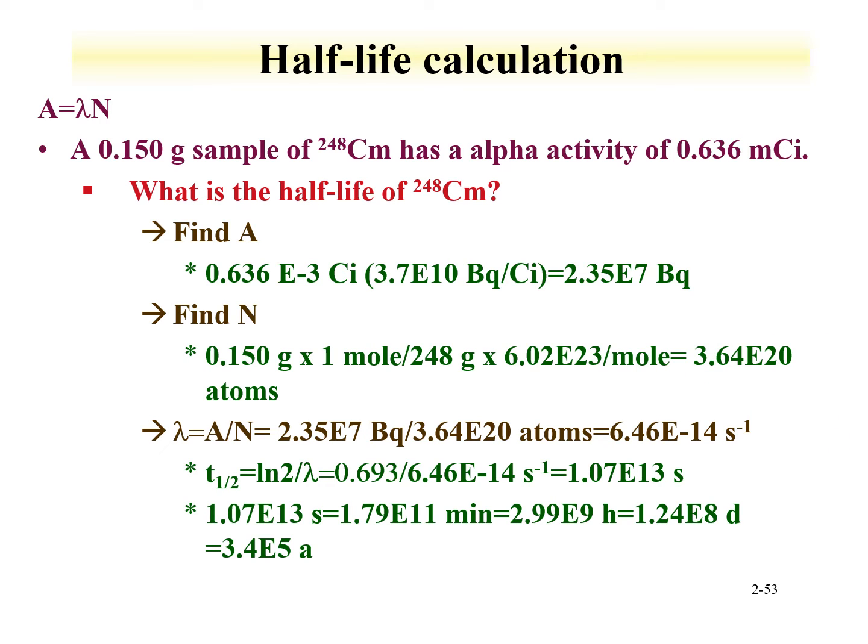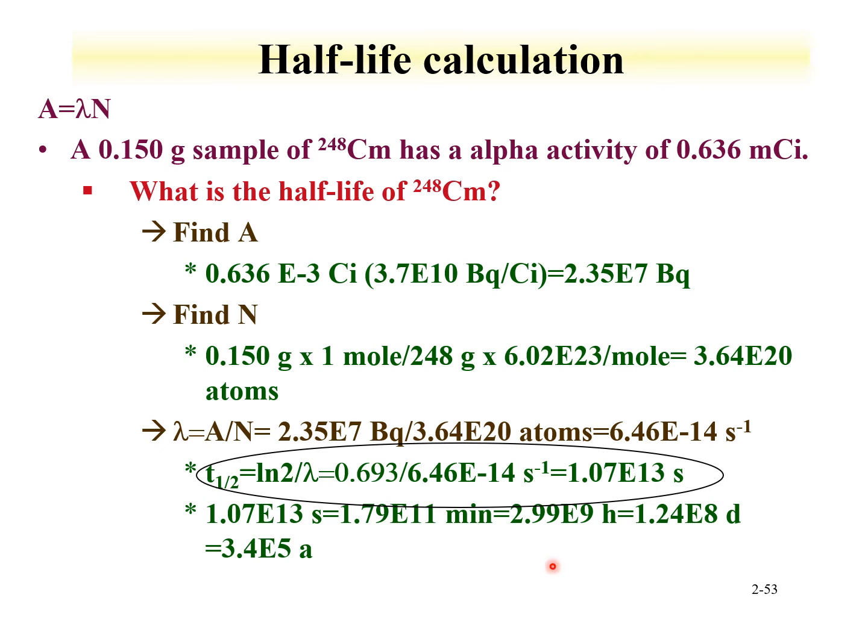Now I set up my equation, using activity equals lambda N, solve for lambda, and put this in. I get lambda is equal to 6.46 times 10 to the minus 14th inverse seconds. Solve for the half-life, where lambda is equal to log 2 divided by the half-life.